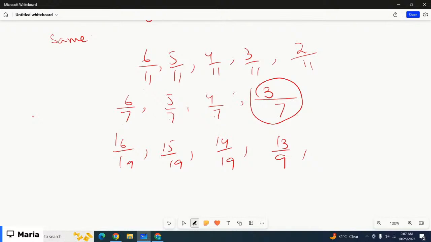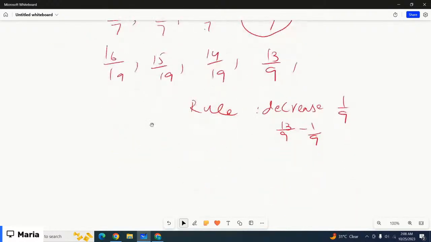You can see they all have the same denominator, just the numerator is decreasing by 1. That means their rule is you need to decrease by 1 over 19. You can do 13 over 19 minus 1 over 19. They have the same denominators, so simply subtract their numerators. So you have to do 13 minus 1, that would be 12 over 19. So the next term in the sequence is 12 over 19. Got it?